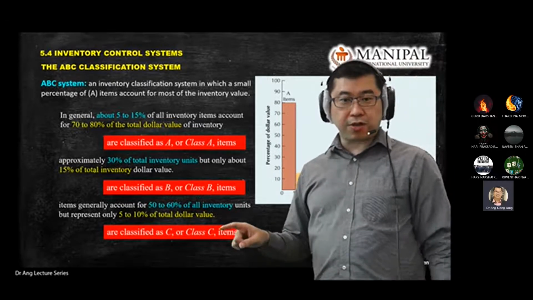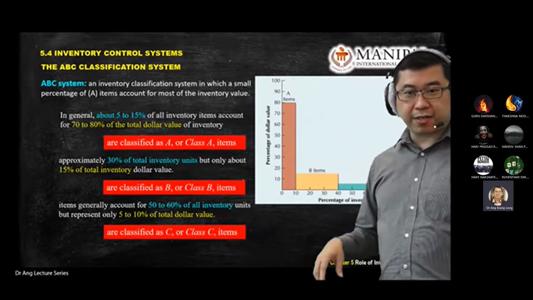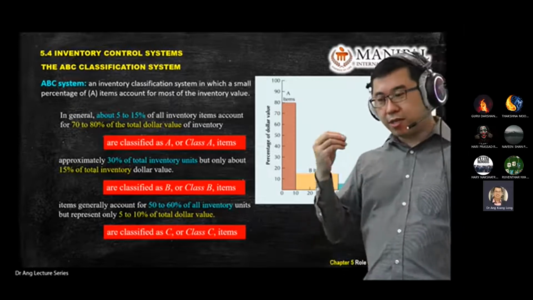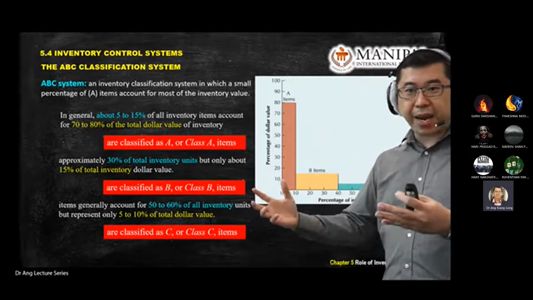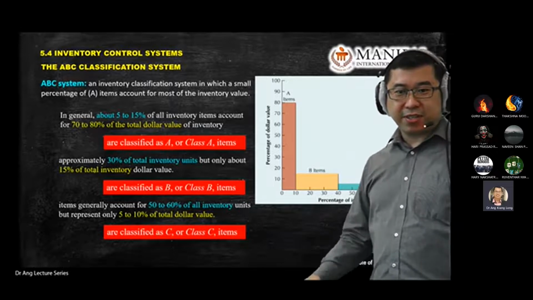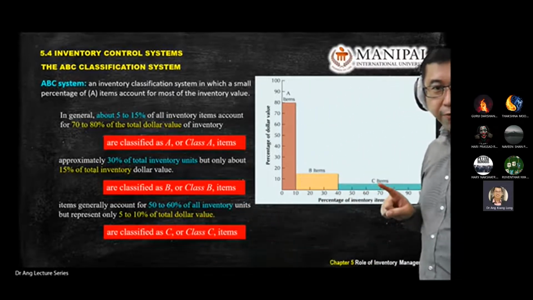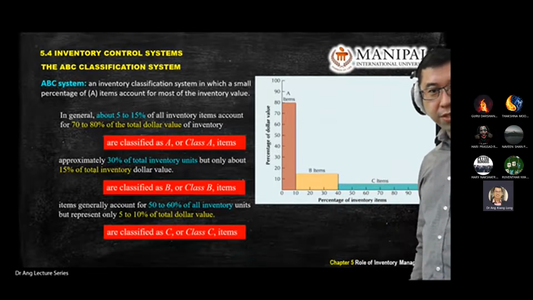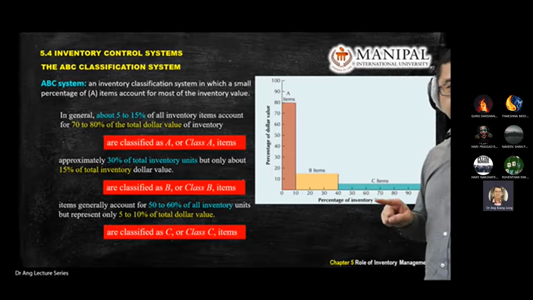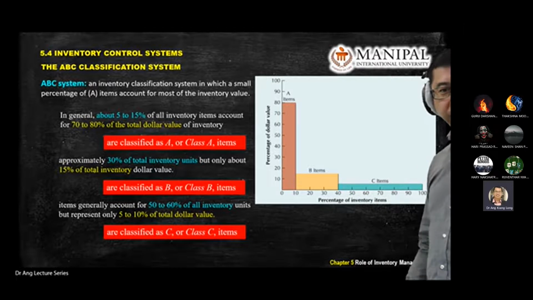They come in lots, and the soft drinks they sell in packets now. So these fall under class C, and the numbers that you find in the mall are huge, but the price tag is low, very cheap.